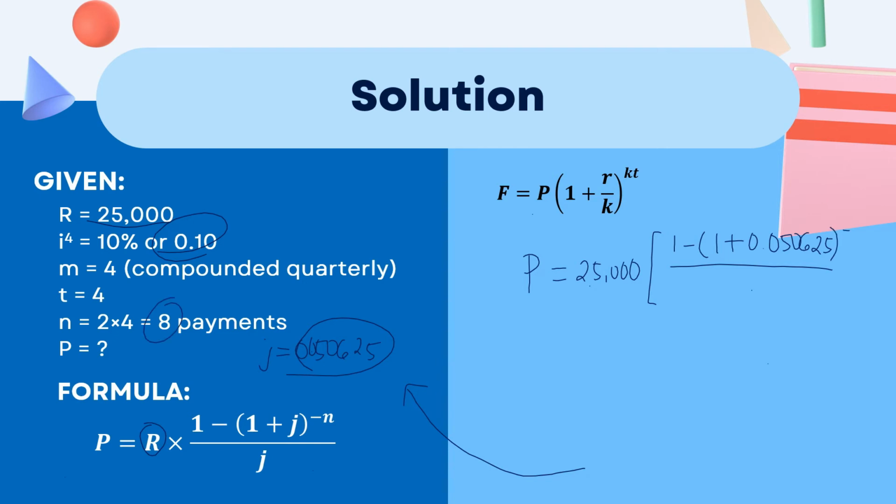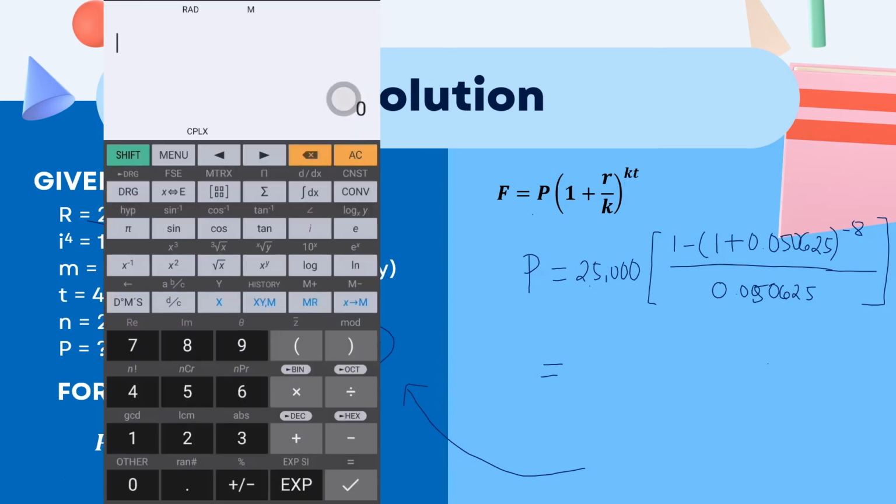Ang n po natin is 8, negative 8, over J pa rin po. Close parenthesis. Then, pwede na po natin siyang idiretso sa ating calculator. 25,000 times 1 minus 1 plus 0.050625 raised to negative 8 over 0.050625.